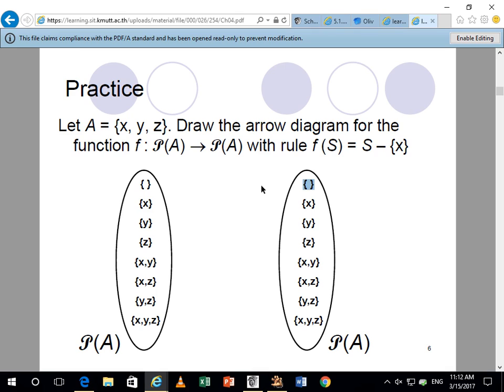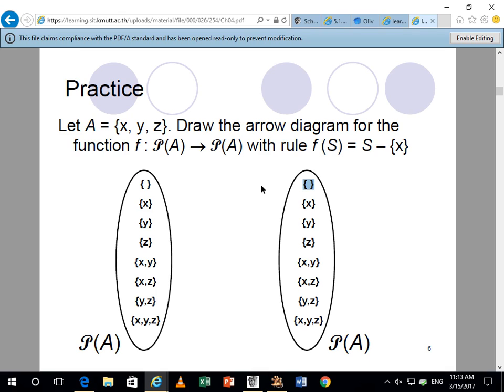That's because you take it out if it exists. If it doesn't exist, that means it's the same. So this is just equal to S if this is not an element of S. Okay, so this maps to this.